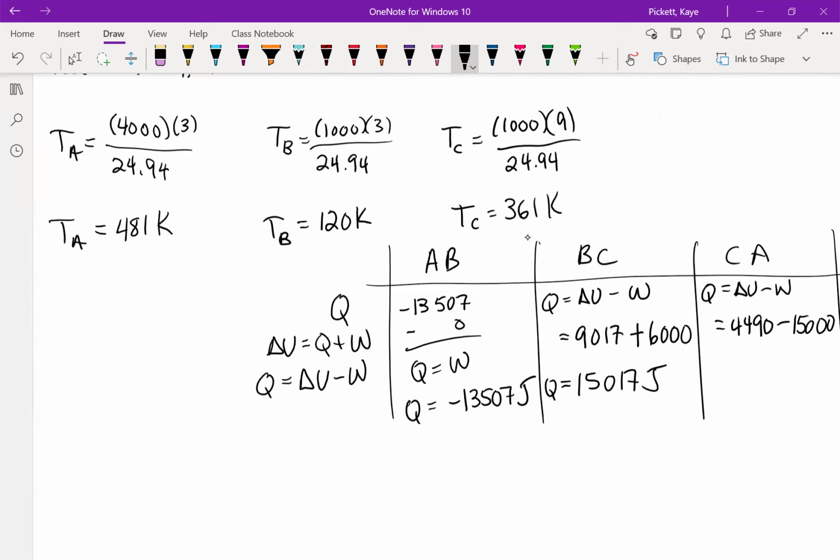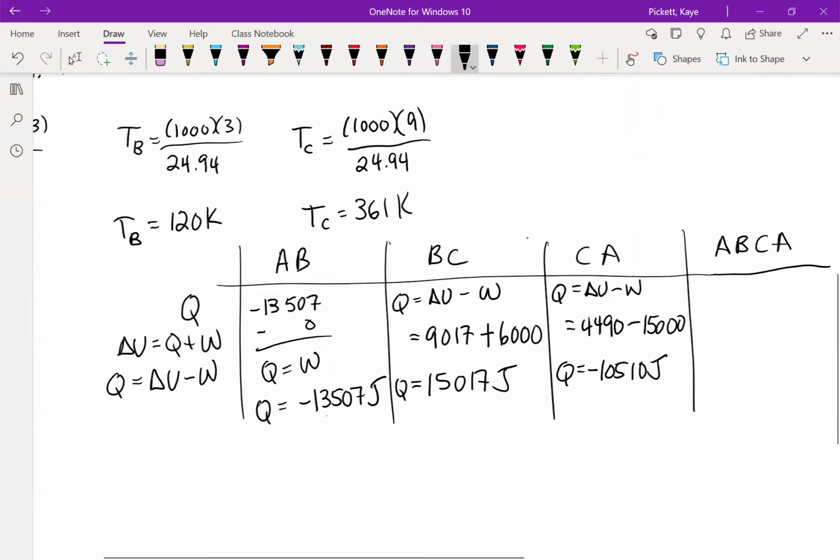And that's a negative number. So the heat transferred there is negative 10,510 joules. We're losing a lot.